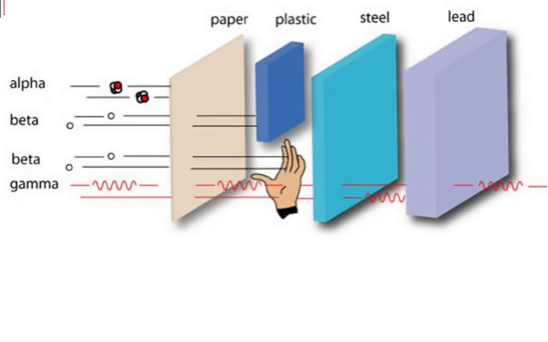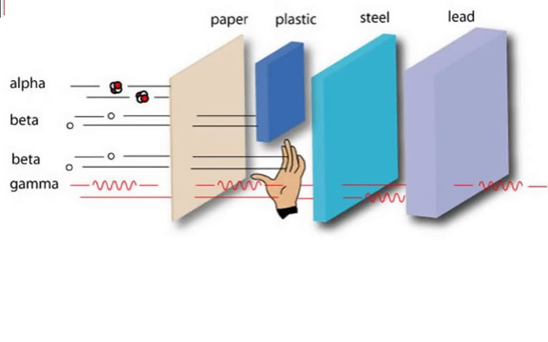So much of the threat from radiation involves the ease or difficulty of protecting oneself from the particles. From this picture, you see that alpha particles are larger than beta particles, so they're easier to stop. They can be stopped by paper.